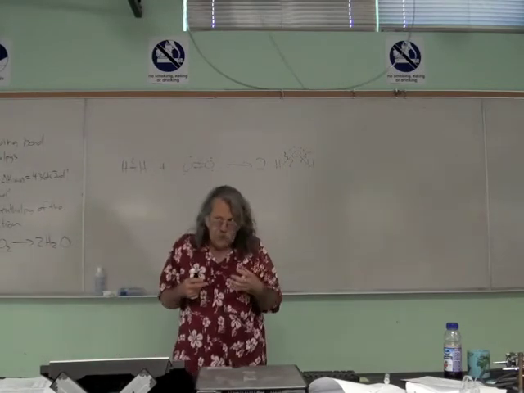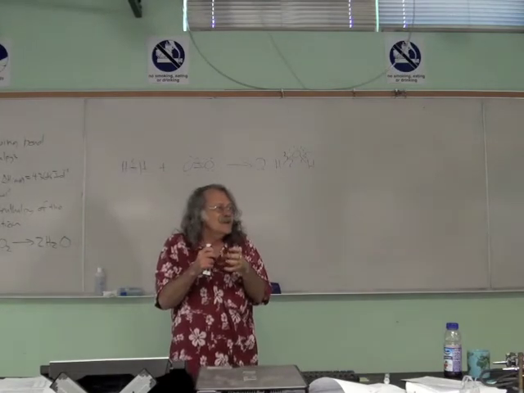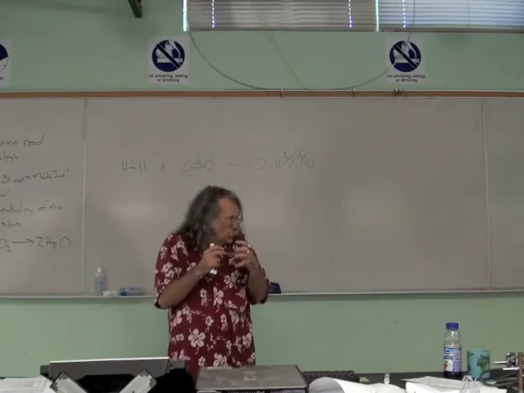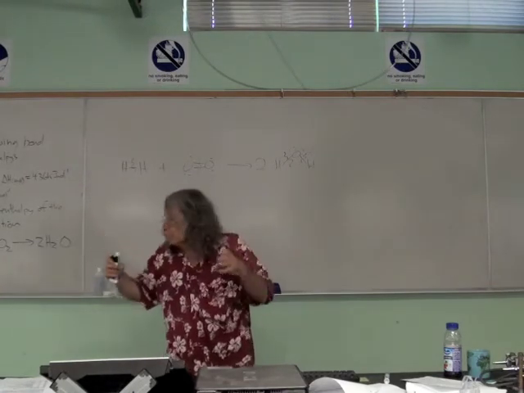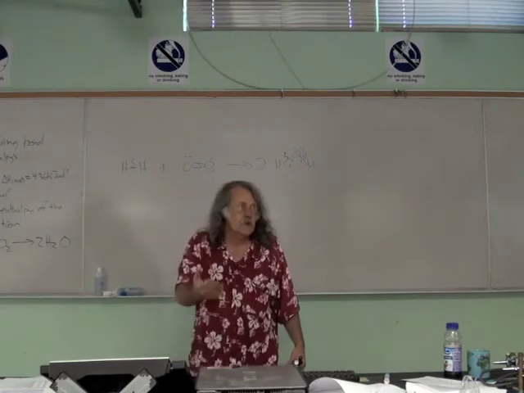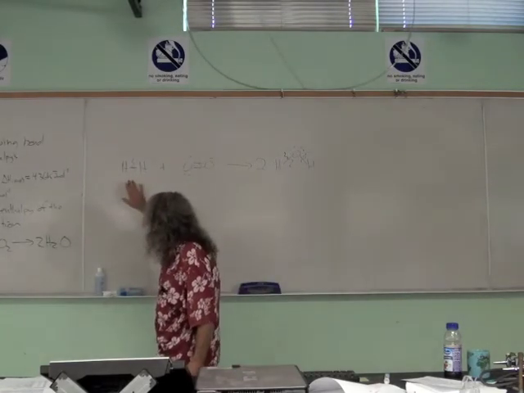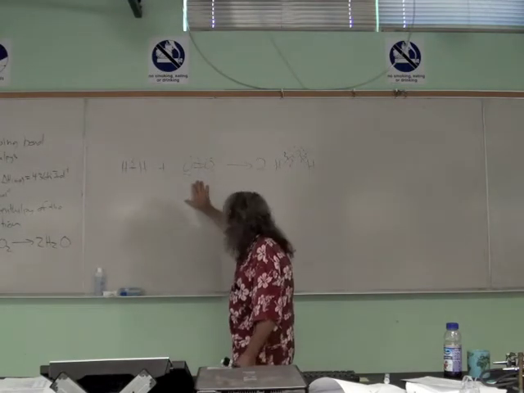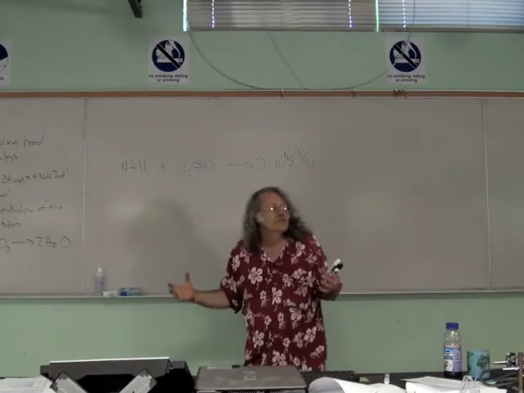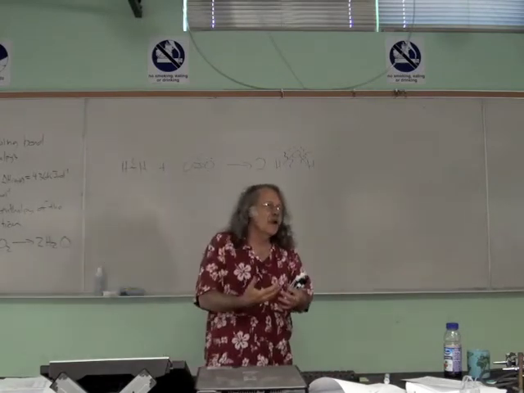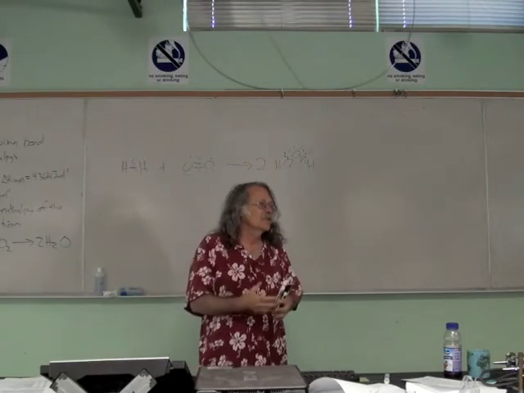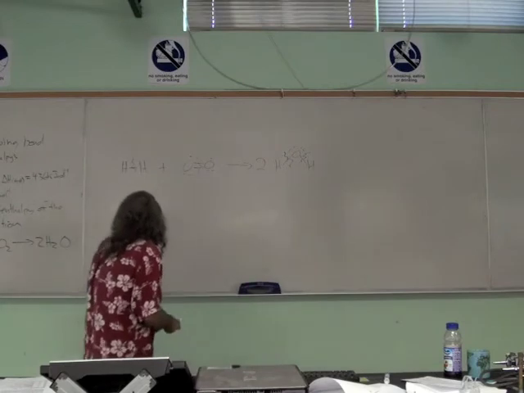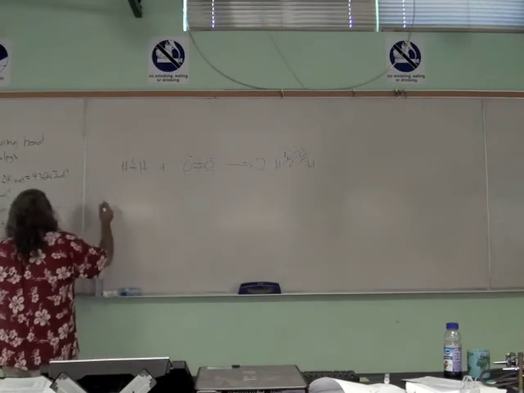That means it's a stable state of affairs. It's going to take work to pull them apart, so you're going to have to put some work into yanking those apart. That means it's going to be an endothermic process. I'm going to have to add energy in to get them to fly apart. And when bonds are made, it's a more favorable situation. Energy is going to be released. It's an exothermic process.